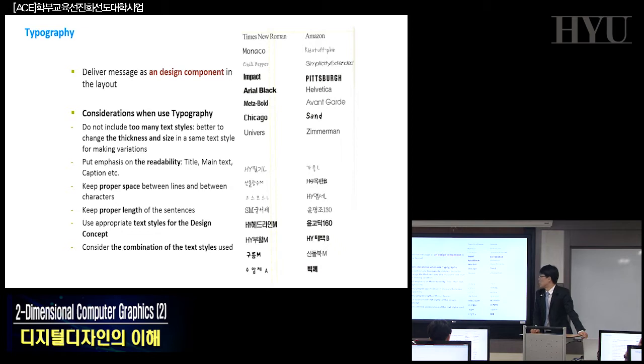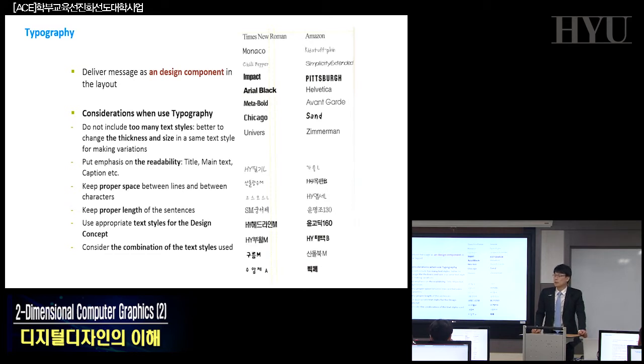Title, main text, and caption are supposed to have different styles, different thickness, different font sizes, even different fonts. Anyway, you can put your own emphasis on specific things, probably on the title or specific keywords within the text of your document.